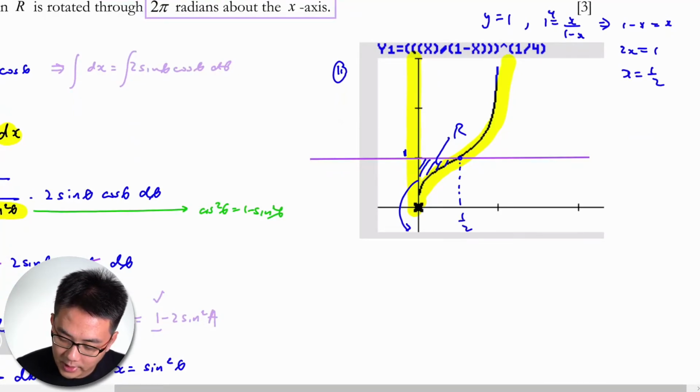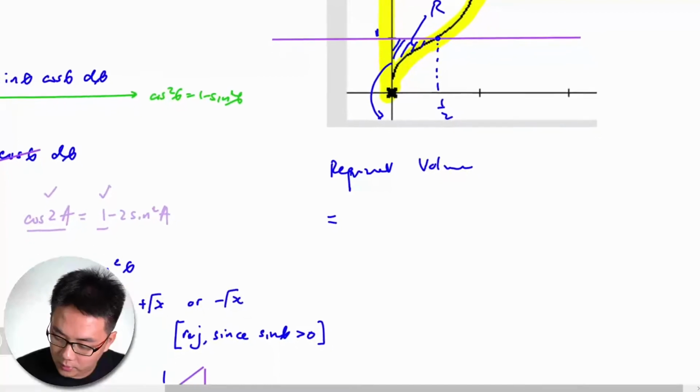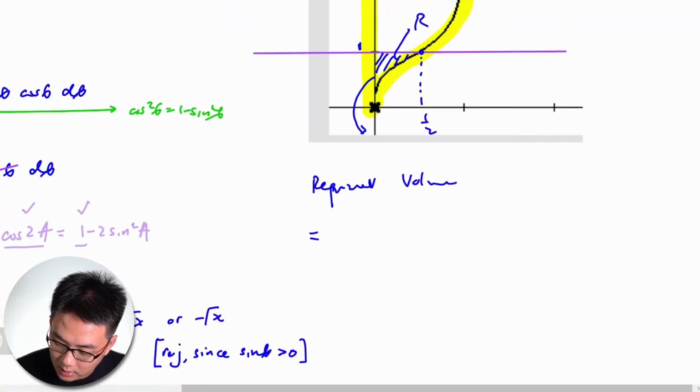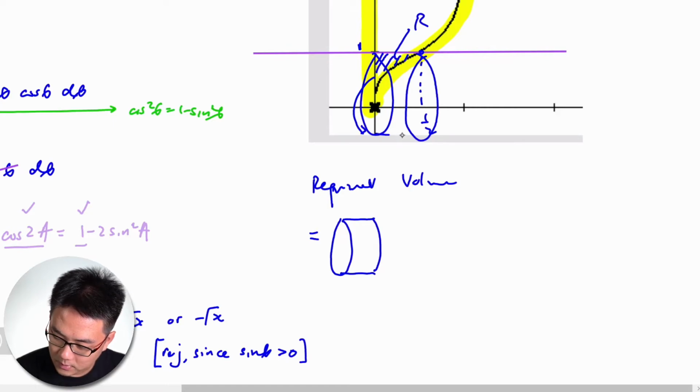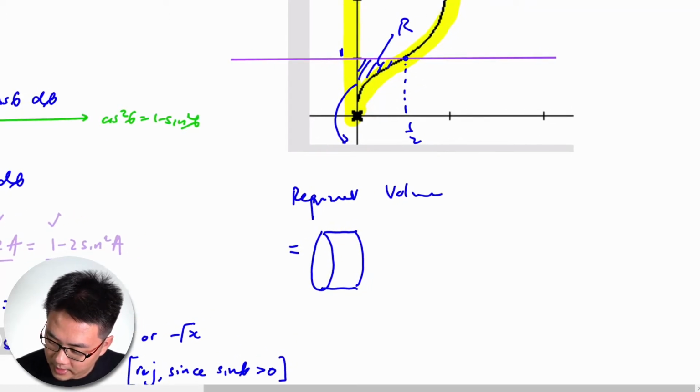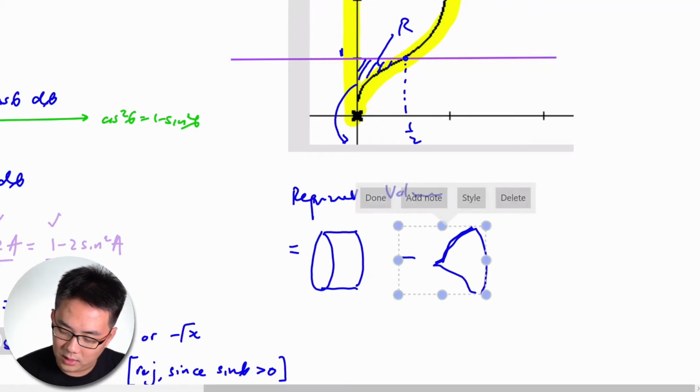Okay, so the required volume would just be, if you could visualize, just like I told you, the volume that you will get is you take the cylinder, which is this one here, so the cylinder minus the protruding part like that, this area, the volume under the graph.